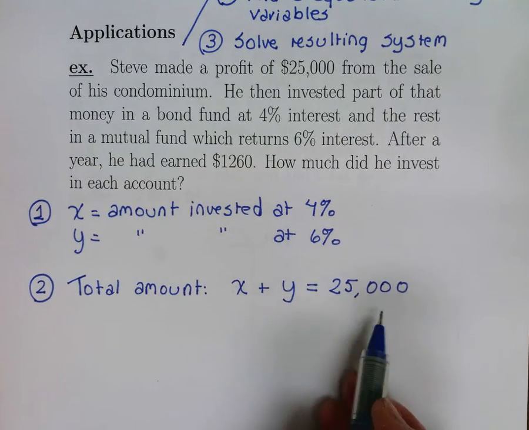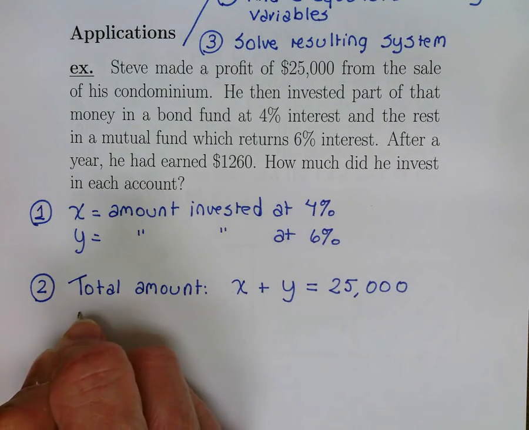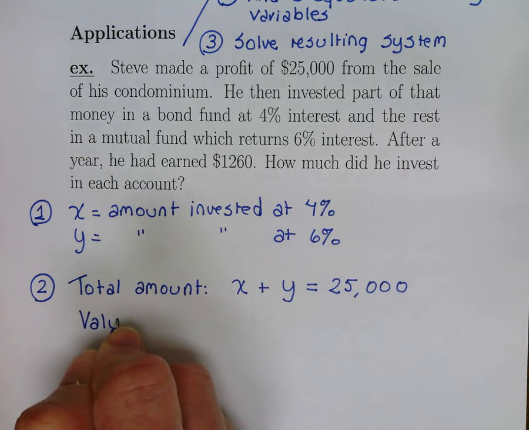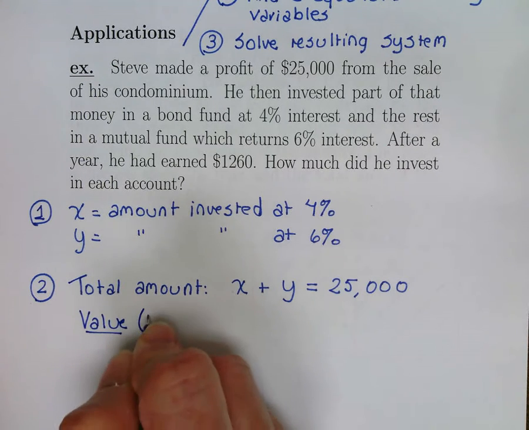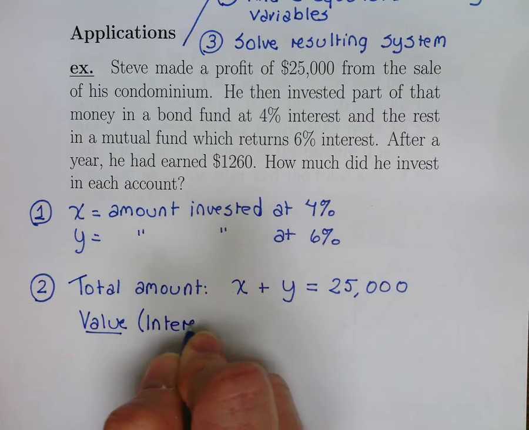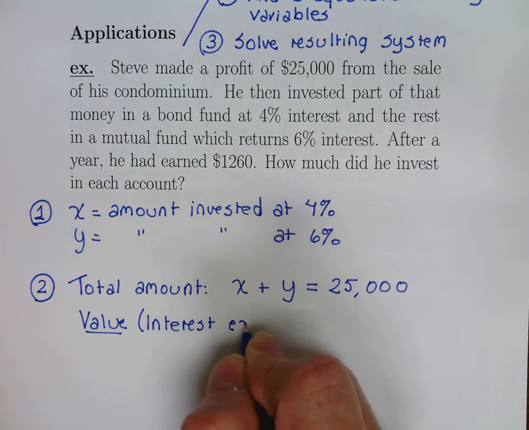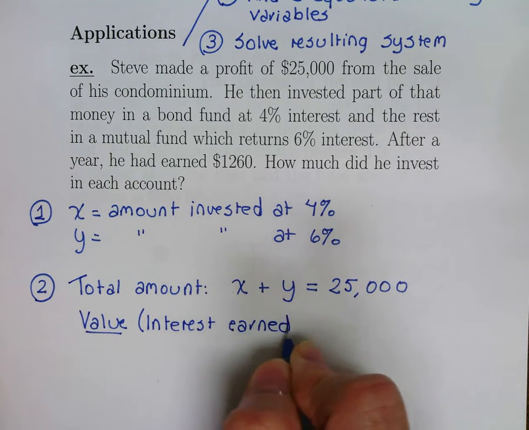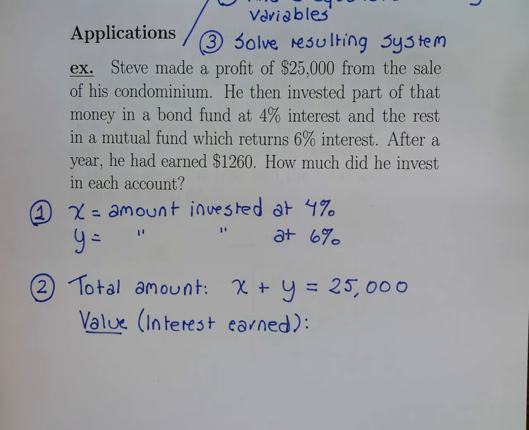Right. The second equation, though, comes from value, which in this case is the interest earned. In some problems, it will be the concentration of an acid or something like that.